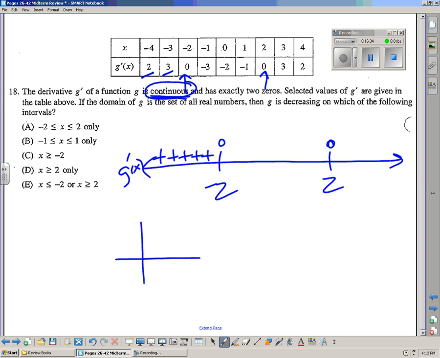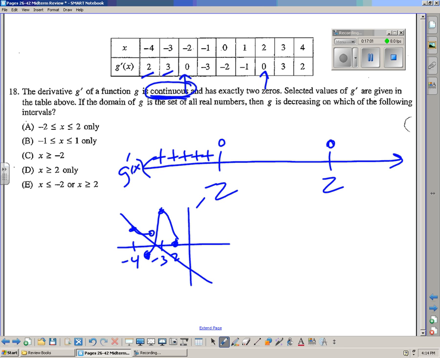So for example, if the function was not continuous, let me draw it more accurately. At -4, our derivative graph could be at 2. At -3, our derivative graph could be at 3. At -2, our derivative graph is 0. If the function is not continuous, it could do something bizarro like this and cross over the x-axis, have negative values.